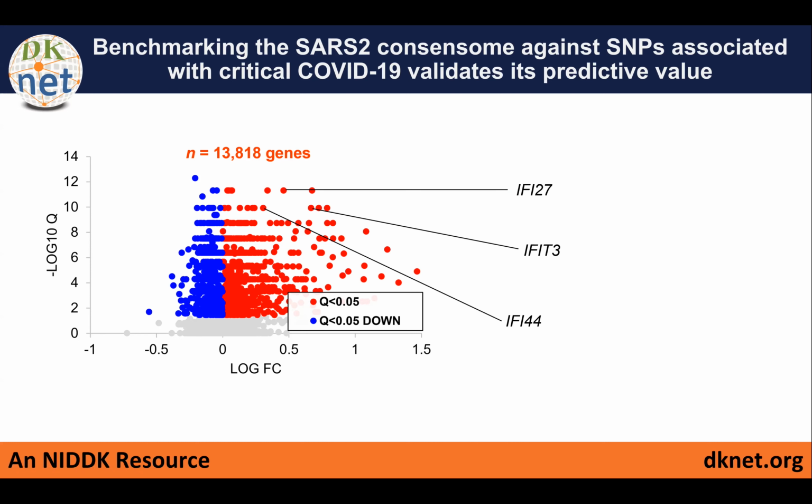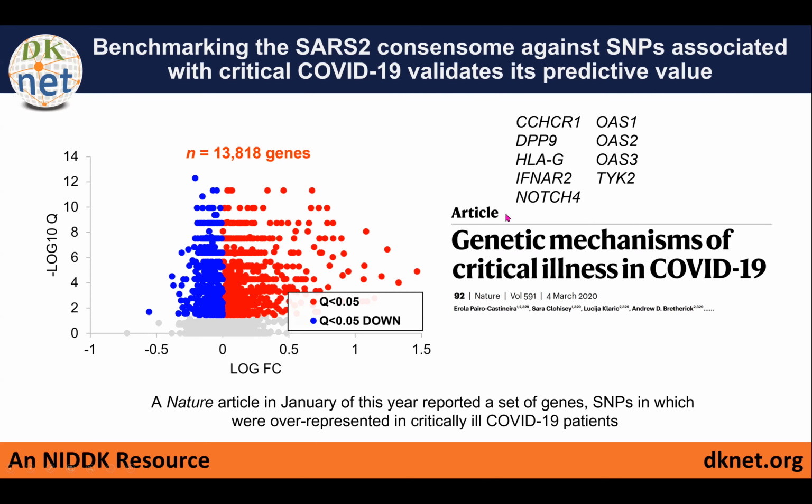But in order to more rigorously and independently validate the consensome, what we needed was to benchmark it against an independent study. One of those emerged earlier this year, and this was a set of nine genes, SNPs, which were overrepresented in critically ill COVID-19 individuals.